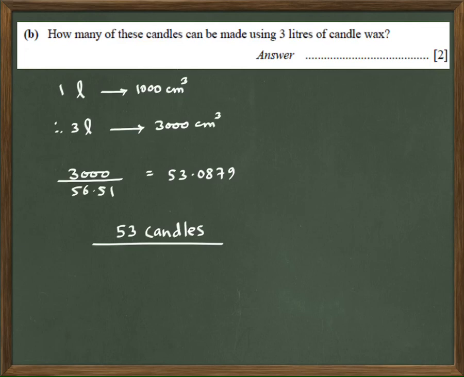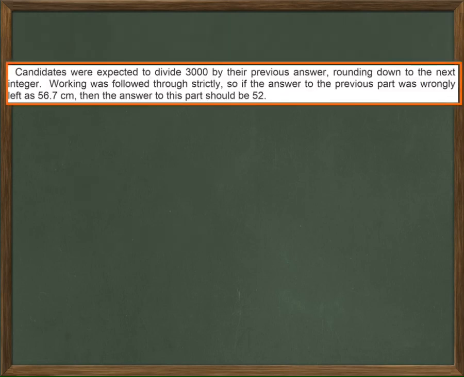So 53. If it is 53.08 or 53.98, we only would focus on the integer because everything else is wastage, because that cannot be converted into a single candle. That is the reason. So it's not a matter of rounding up. It's always a matter of taking the integer out. So 53 candles can be made.